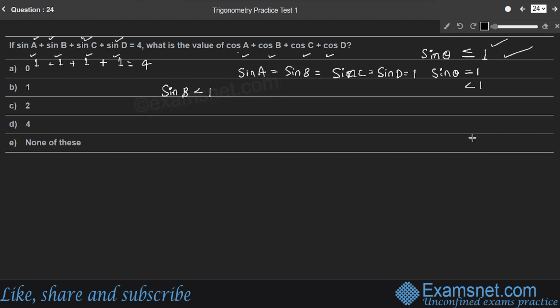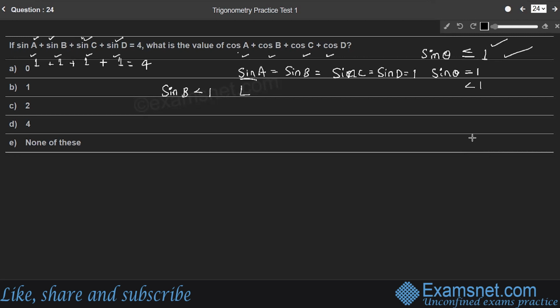Therefore, since there are 4 terms, each term is equal to 1, so that their sum becomes 4. So each function is equal to 1.